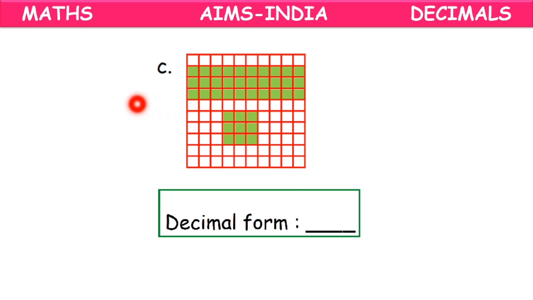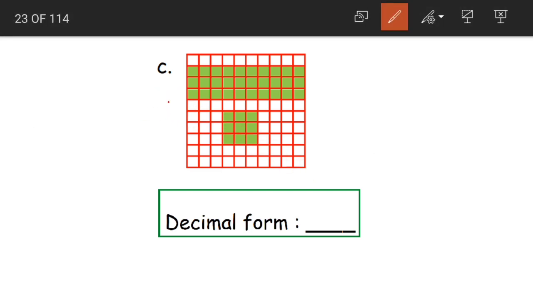Next question C. Again, this is also the same square with 10 rows and 10 columns. Yes children. So we have a total of 100 squares. Now coming to the numerator, we have 3 rows into 10 columns.